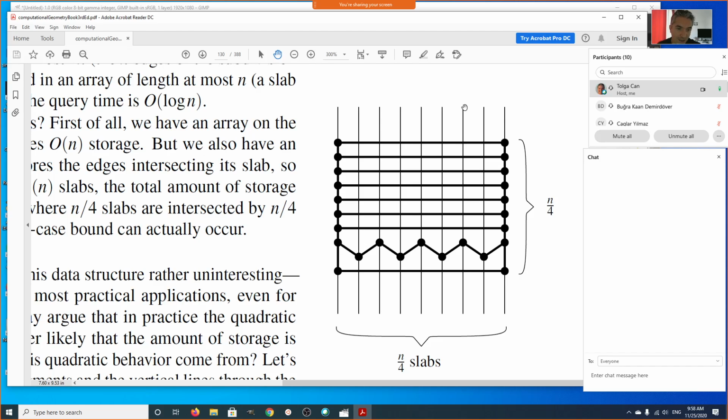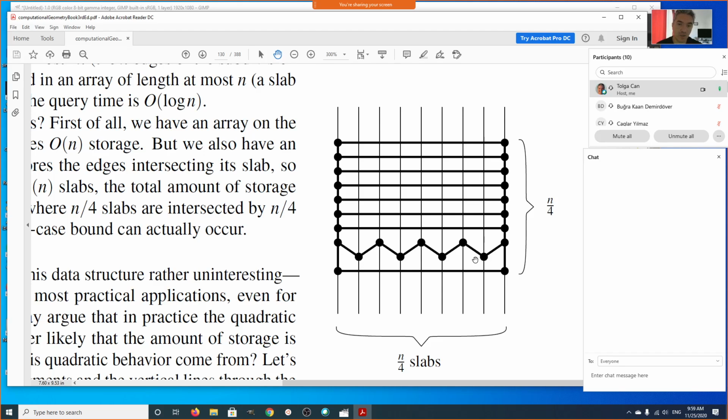While the original planar subdivision's complexity is O(n), with n vertices, linear edges, and faces linear in the number of vertices, these vertical extensions may cause a grid-like structure, which increases the complexity to n squared. The number of smaller faces in this grid is n divided by 4 times n divided by 4.